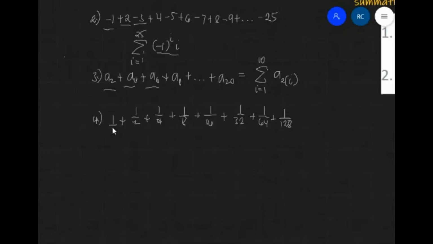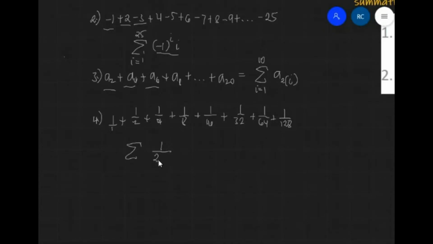So, ito yung 1. So, starts sa 1, 2, 4, 8, 16, 32, 64, 128. So, ang summation would be summation of, okay, hindi nagbabago yung numerator. And then, paano kaya ito? Ano kaya yung ating denominator?